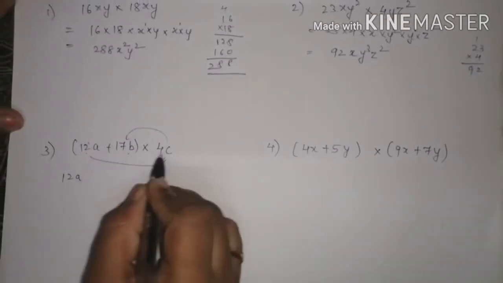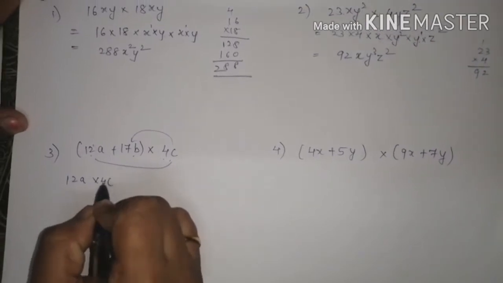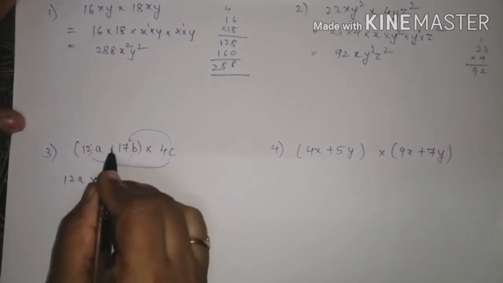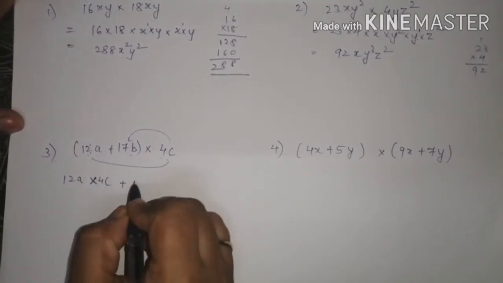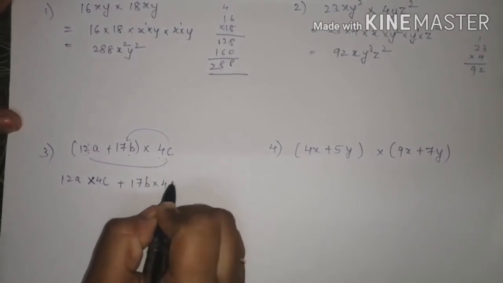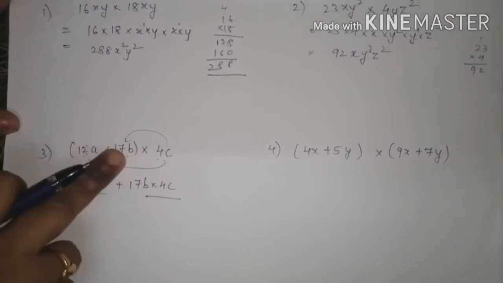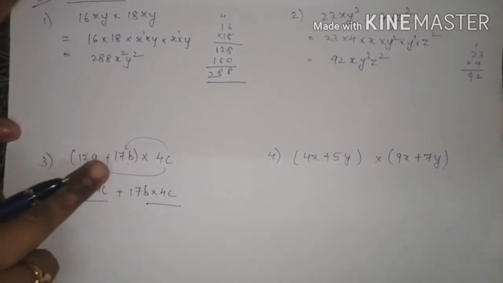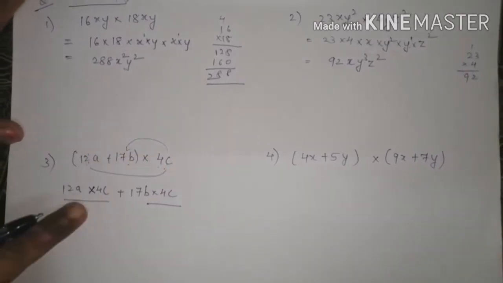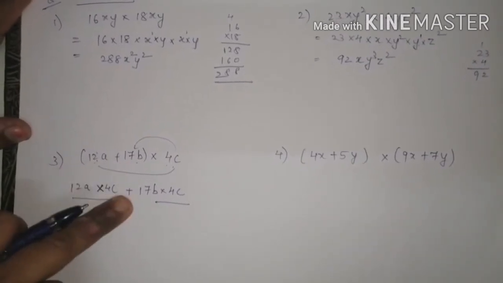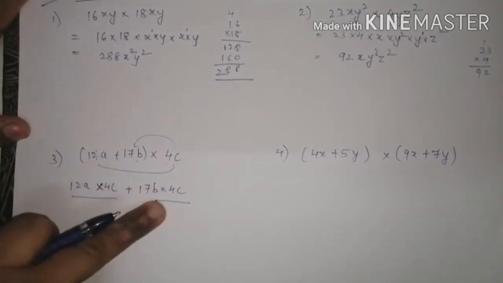So 12a into 4c plus 17b into 4c. So you'll get two terms like this. This 4c will be multiplied with both the terms inside the bracket. 12a into 4c plus, in sign, 17b into 4c.